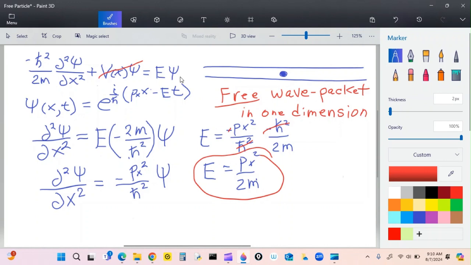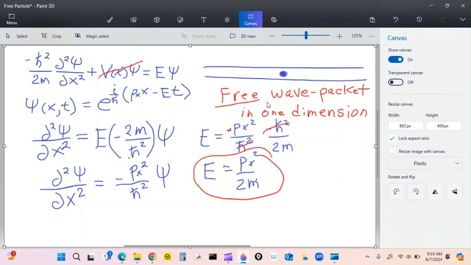That says that the energy is just like the Newtonian picture. Energy is for a free particle only. For a free particle, it's just momentum squared over 2m. And since we have no potential energy, what is this? This is just Newtonian kinetic energy.